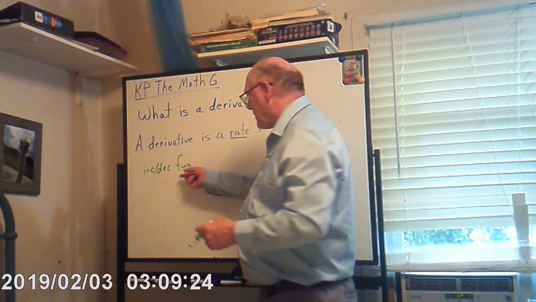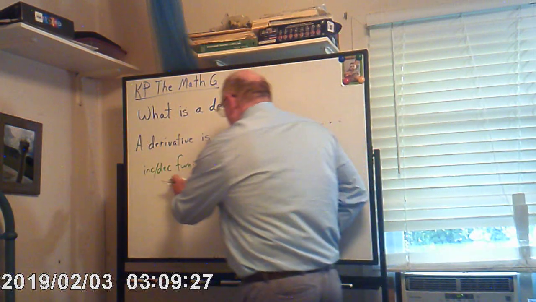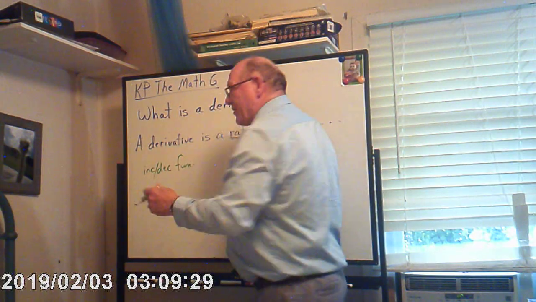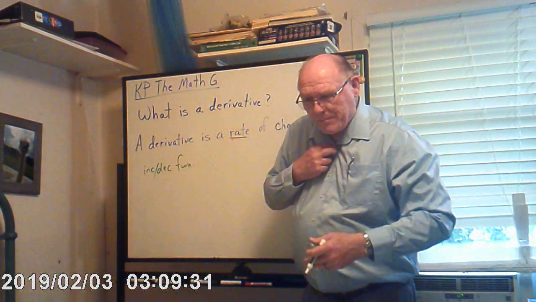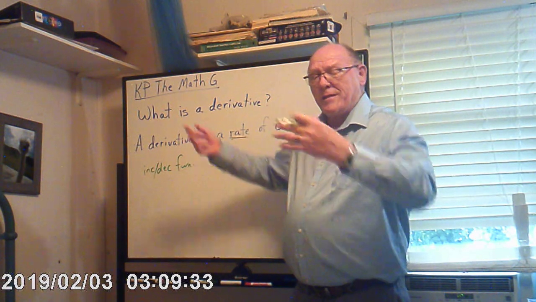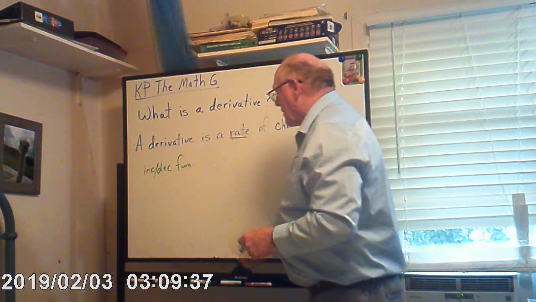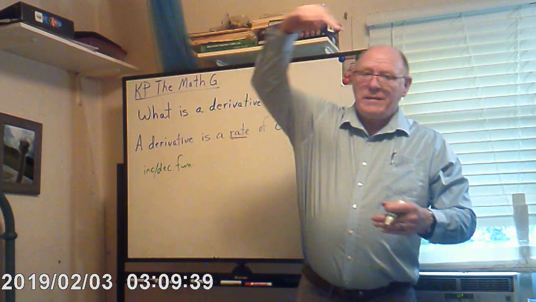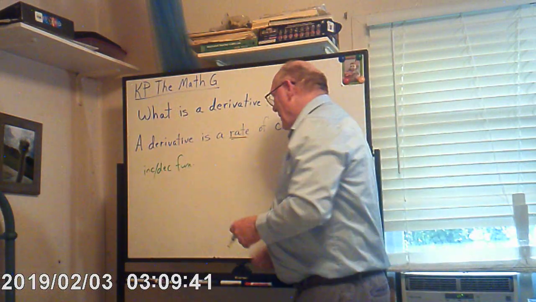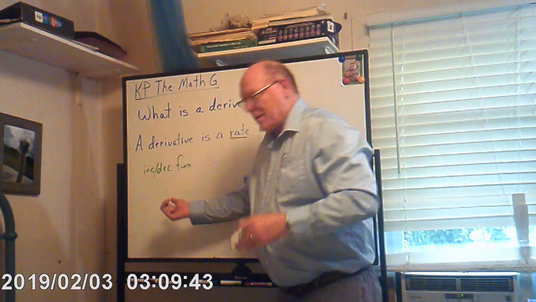Something is increasing or decreasing. Or is the graph of g increasing or decreasing? Increasing, going upward, decreasing, coming down. The slope is what you're looking at there.